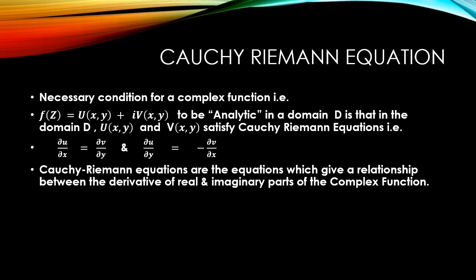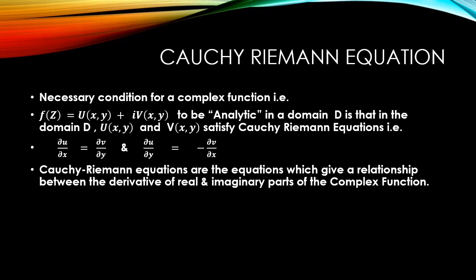So if we have a function equal to u plus iota v, and if we say that this is an analytical function, then u and v in any domain satisfy the Cauchy-Riemann equation. So we'll describe what the Cauchy-Riemann equation is.